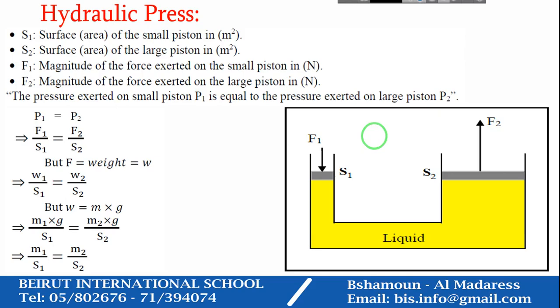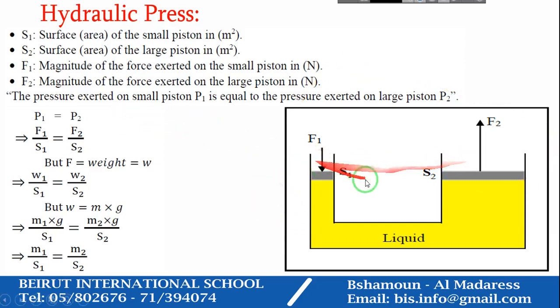When we apply brakes on the car, although the force is very small, this force will be transmitted by means of the oil of the car to the whole points to reach this big surface area where we can stop the car by using a very simple force.